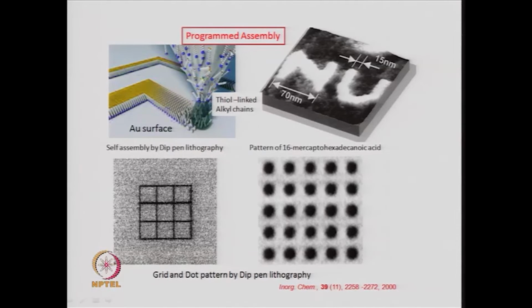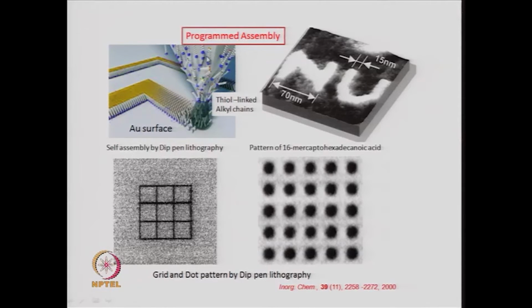The alkyl chains are shown here, many alkyl chains are there, and these blue dots are the thiol at the end of each alkyl chain. Now, suppose you bring them close to a gold surface through a kind of orifice or through a hole in a tube. This typically can be of the order of half a micron or so, so 500 nanometers or even less, maybe 30-40 nanometers.